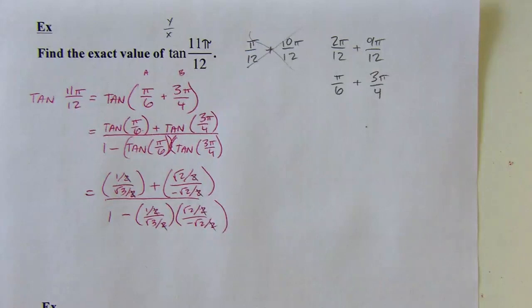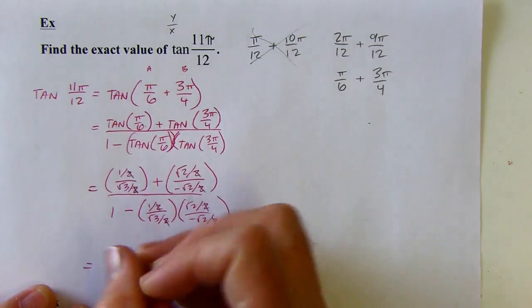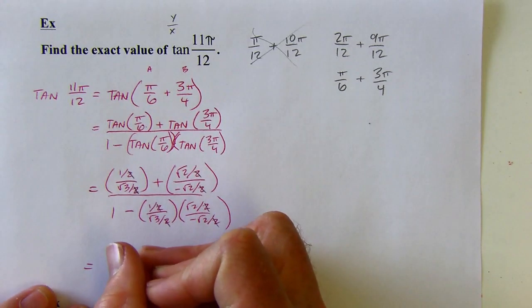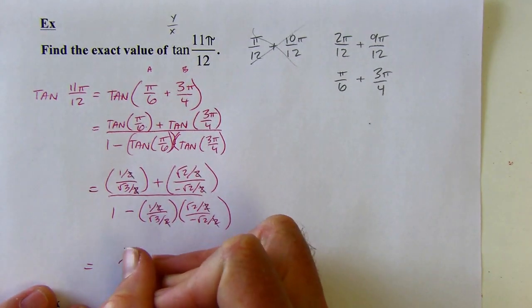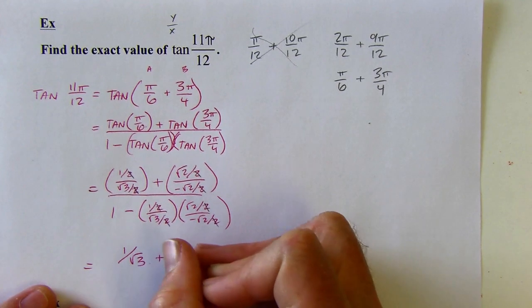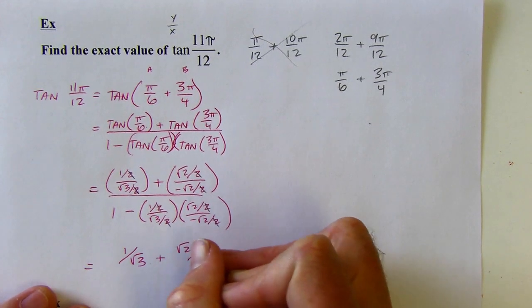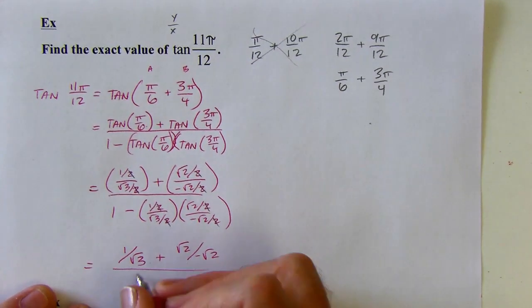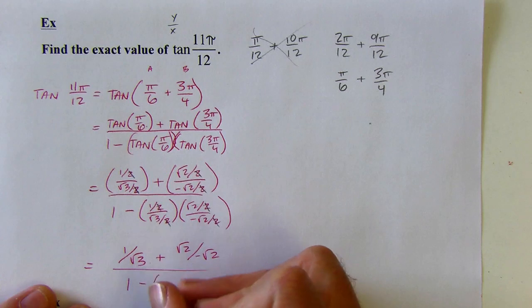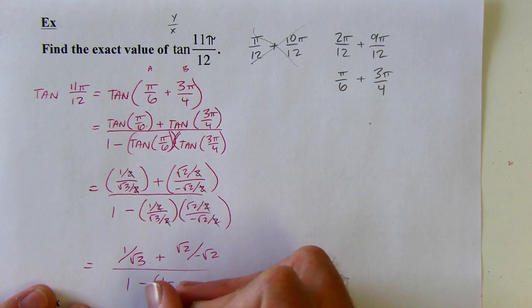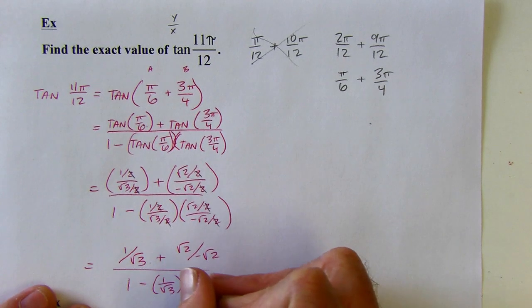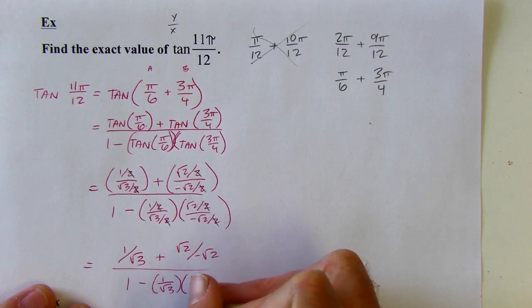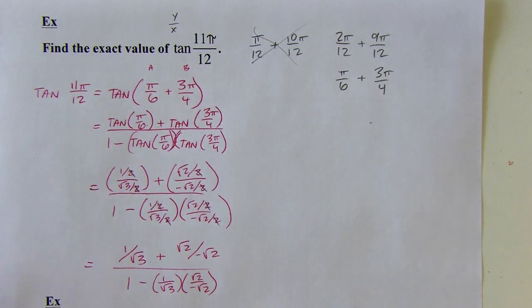Okay, so let's start looking at this again. I got 1 over root 3 plus root 2 over negative root 2. That's my numerator now. And that's my denominator, okay?